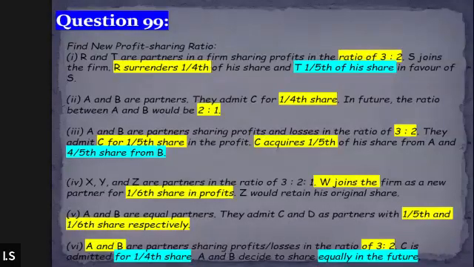They are equal partners, A and B. That means currently their profit sharing ratio is 1:1. In this case also, we need to determine the remaining share. This one is easy. I'm sure both of you will be able to solve this question.